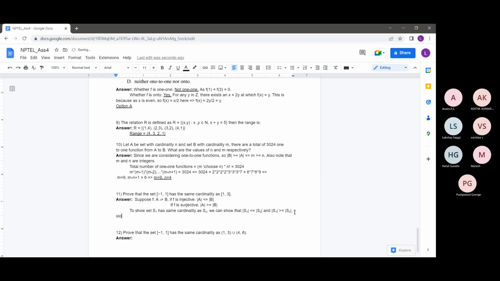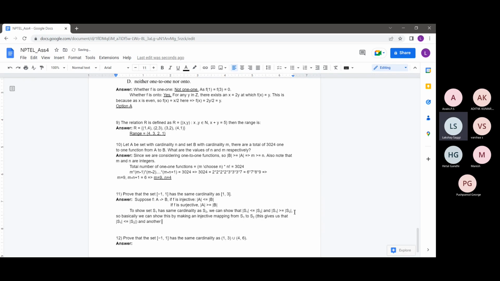We can show this by making an injective mapping, one mapping from S1 to S2. This gives us that the size of S1 is less than or equal to the size of S2.